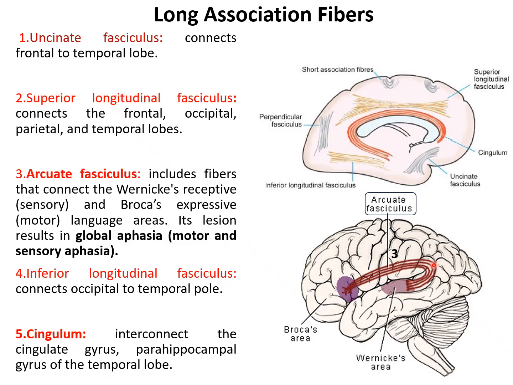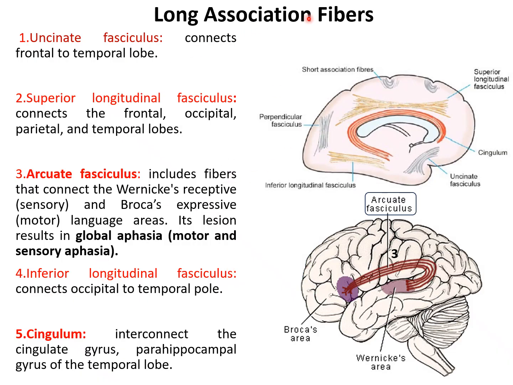This arcuate fasciculus is important for the connection of the motor speech area and Wernicke area, and damage of this fasciculus results in global aphasia, motor and sensory aphasia.